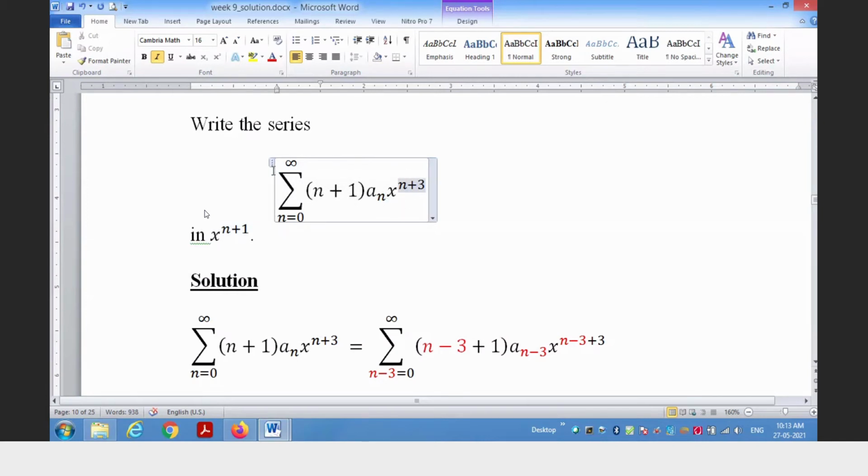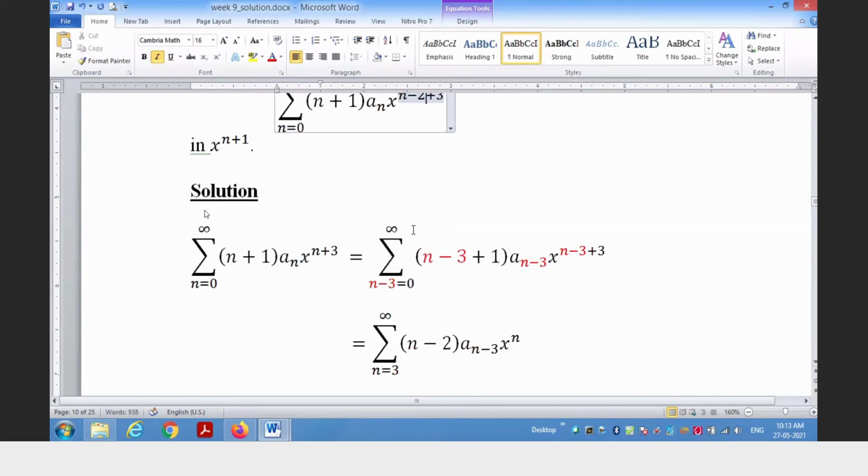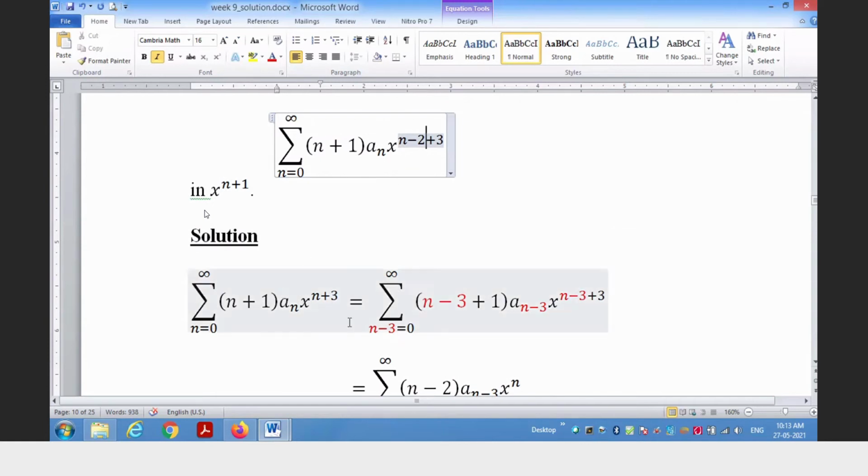Okay, if we want to convert this series, the original is x power of n plus 3, and we want to convert it to x power of n plus 1, so this n we need to replace with what? n minus 2, yes. So each time you encounter n, you got to replace n with n minus 2.